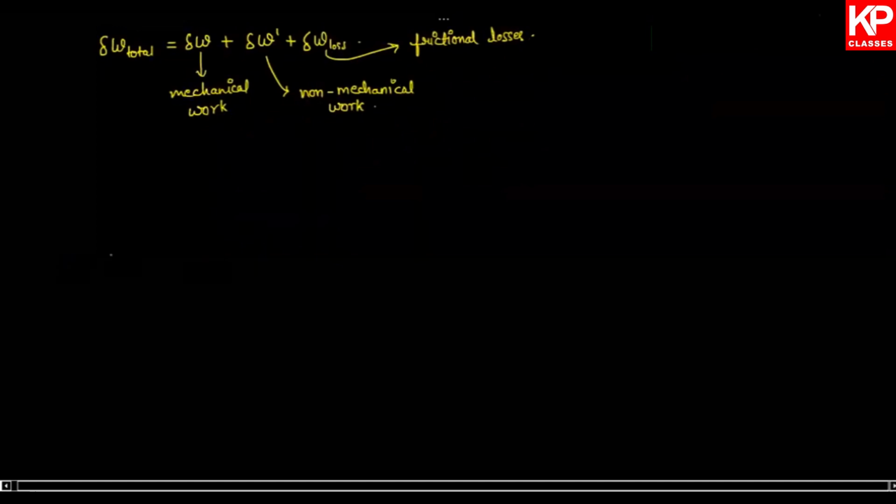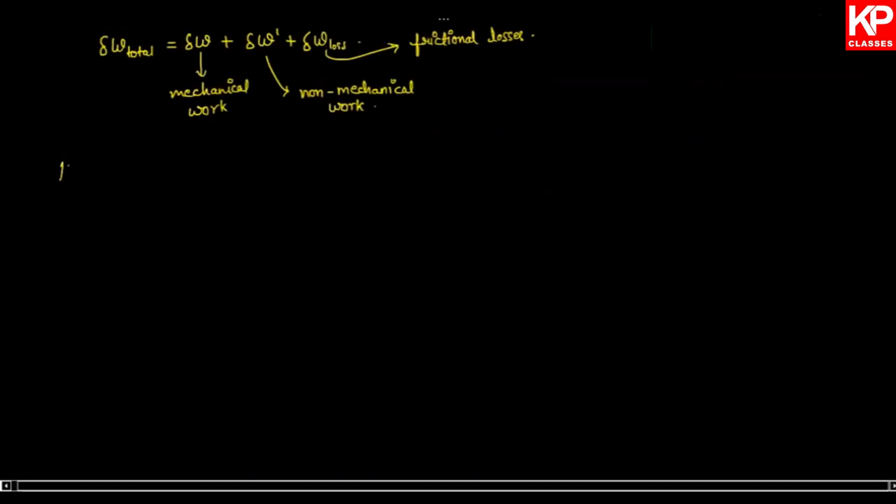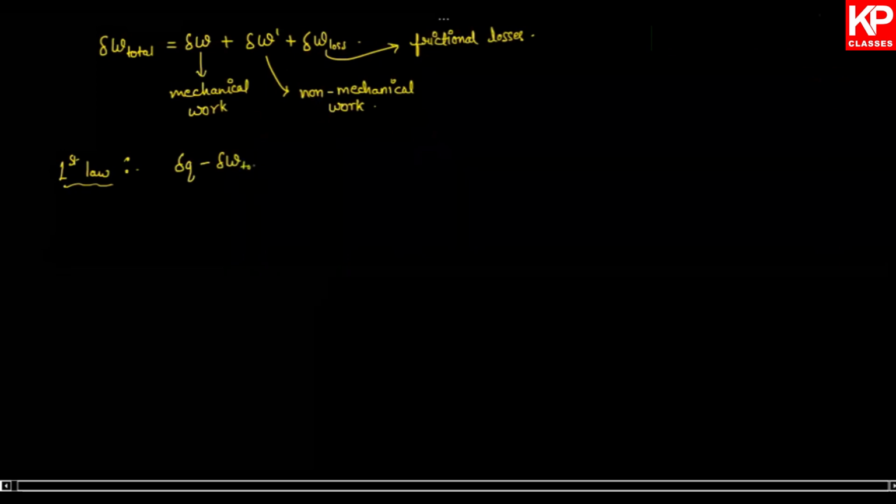All right. So based upon the first law of thermodynamics, we know that del Q minus del W, this is the total work, gives dU. This is the first law of thermodynamics.